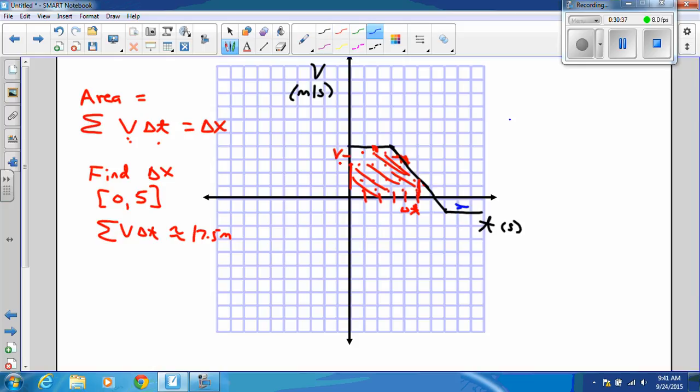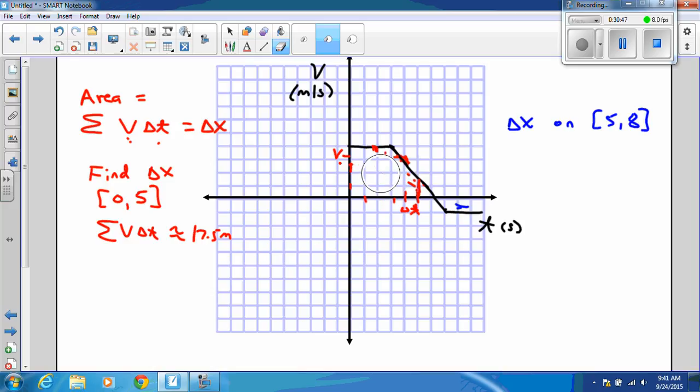Okay, so what happens if I ask a slightly different question? If I want delta x on the interval 5 to 8, something like that. Well, here's my velocity curve, and I start at 1, 2, 3, 4, 5, and I go to 6, 7, 8 right here.